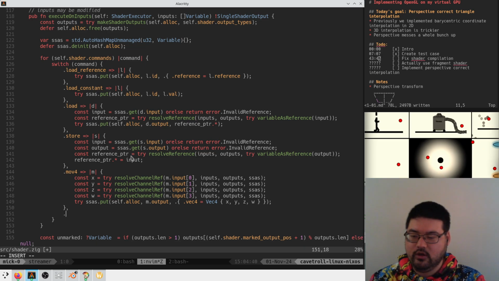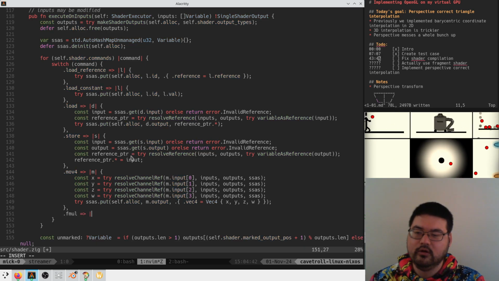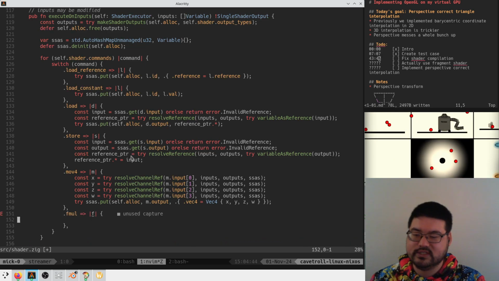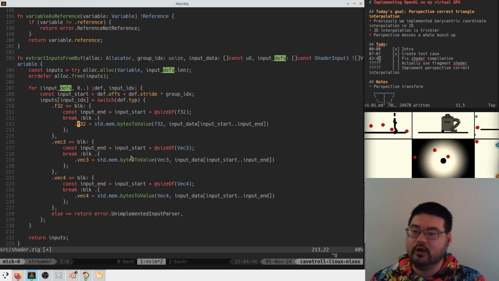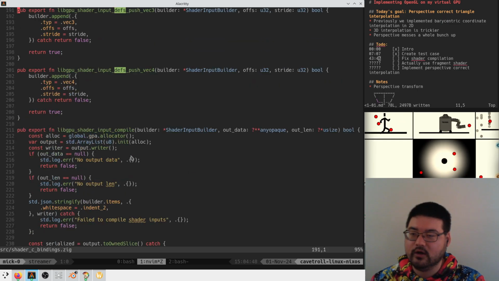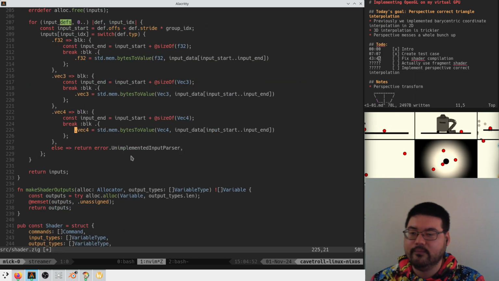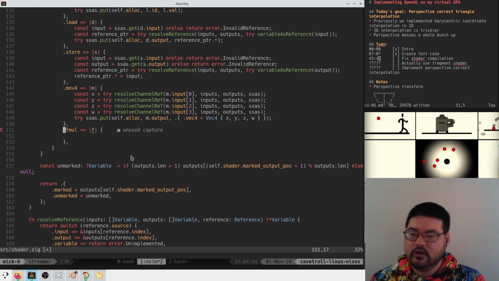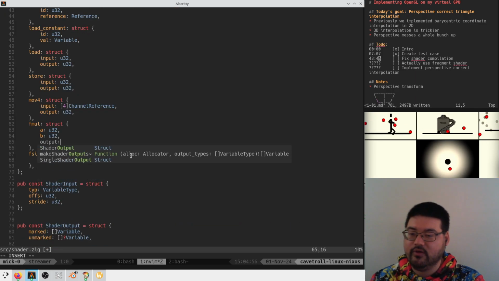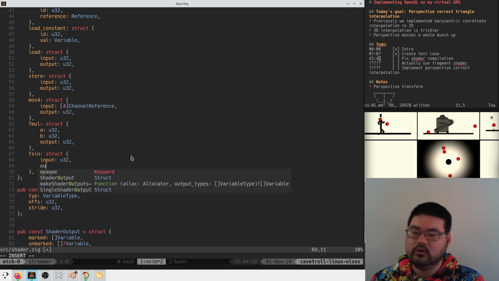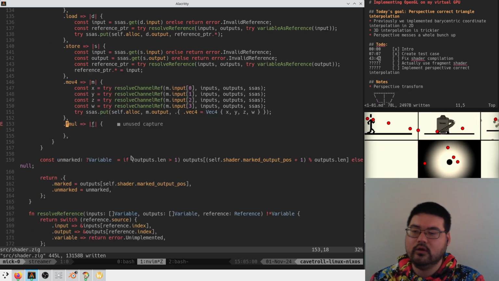So here we're like, yo, we have an fmol to deal with. And we can just say, oh, it needs an output as well, huh? These things need to get stored somewhere. Surely things need to get stored somewhere. So we also need an output value. Okay.